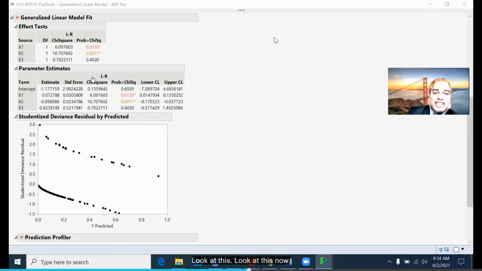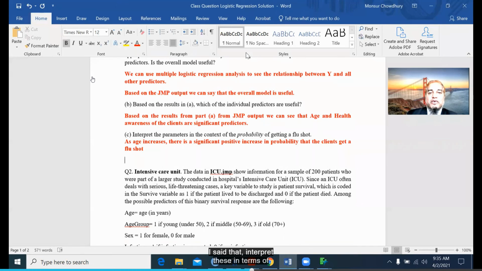Look at this. Priyanka is telling something in terms of the log odds. But we are not interpreting in terms of the log odds. I said to interpret this in terms of the probabilities, in the context of getting a flu shot.